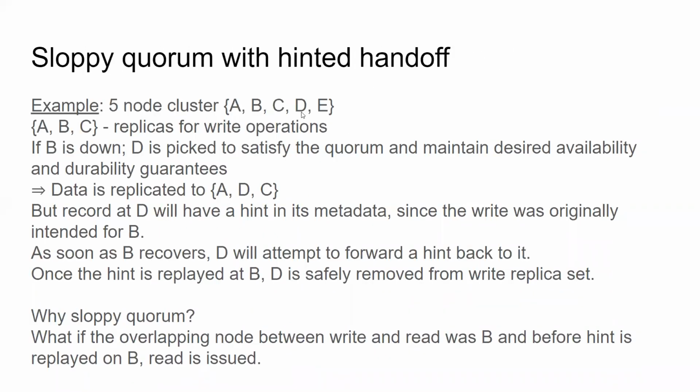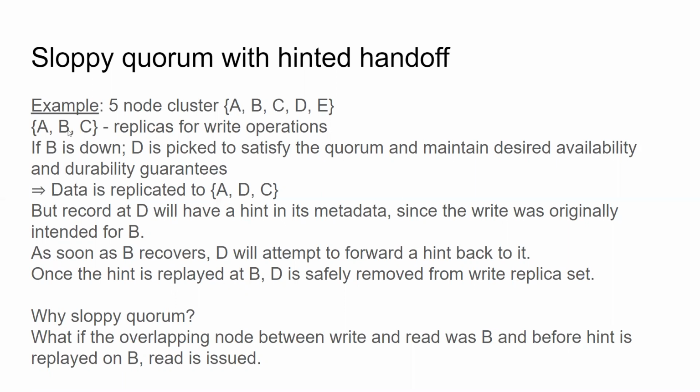Let's say you have a 5-node cluster, and I'm going to add this hinted handoff concept here because they go together. You have a 5-node cluster and you're designating the first 3 for your write quorum. Now based on your equation, you are doing good, but in practice, let's say when you're sending a write request, B goes down.